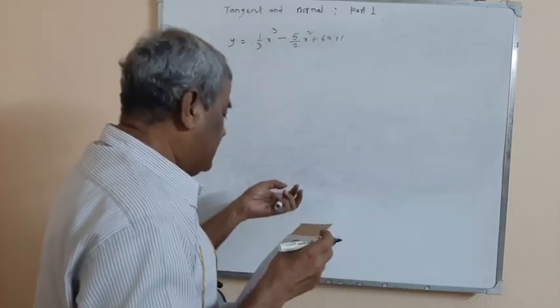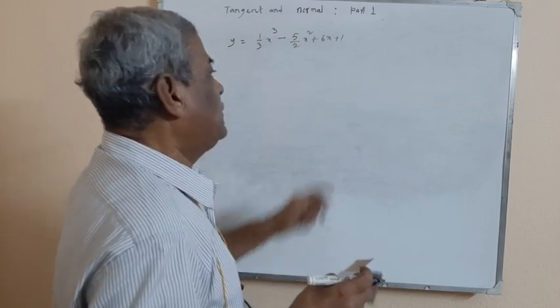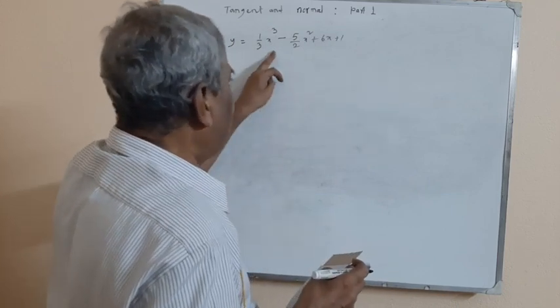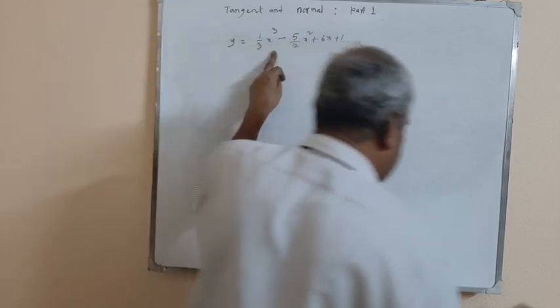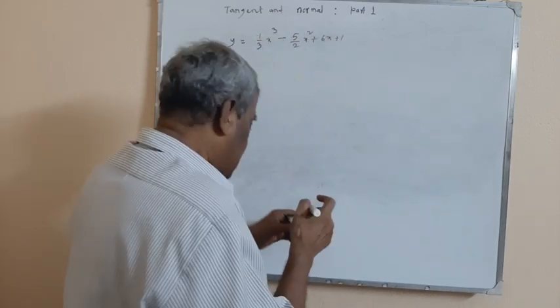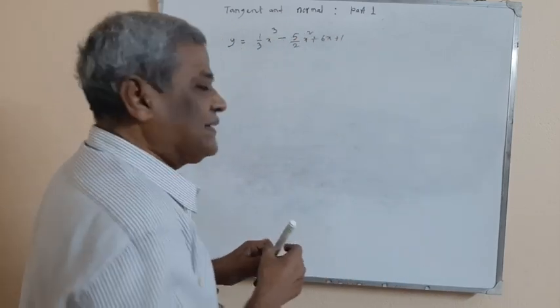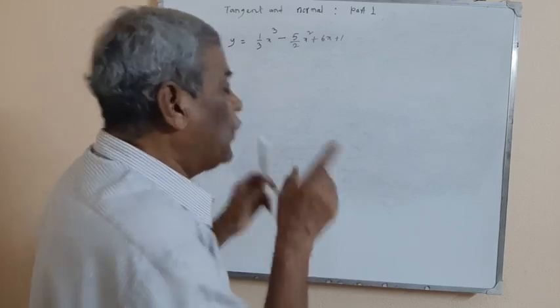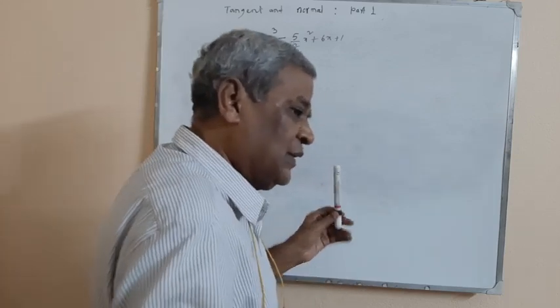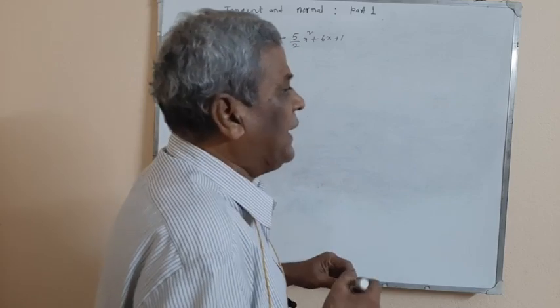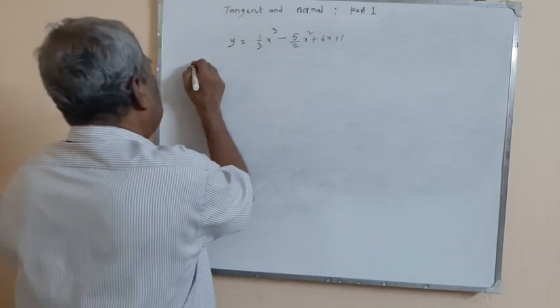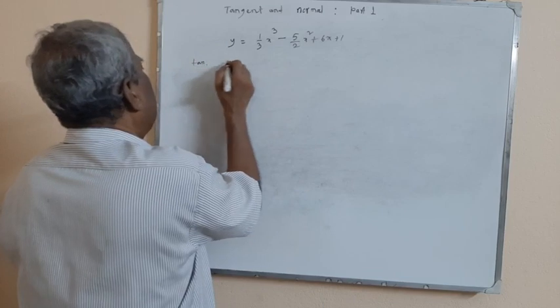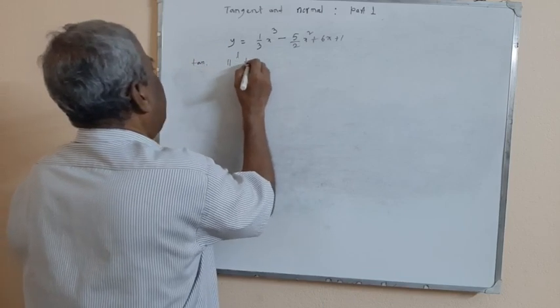So we have to find the points on that where the normal of it is parallel to the y-axis. A normal parallel to the y-axis means the tangent is parallel to the x-axis. So the tangent must be parallel to the x-axis.